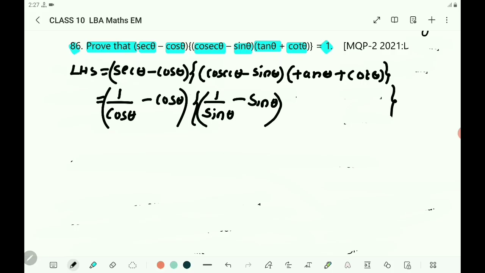Write these two in the bracket. Next, in the other bracket, write tan theta in terms of sin by cos: sin theta by cos theta, plus cot theta in terms of cos by sin: cos theta by sin theta.